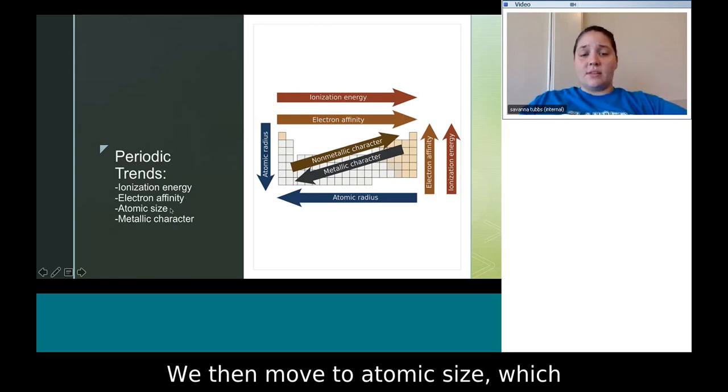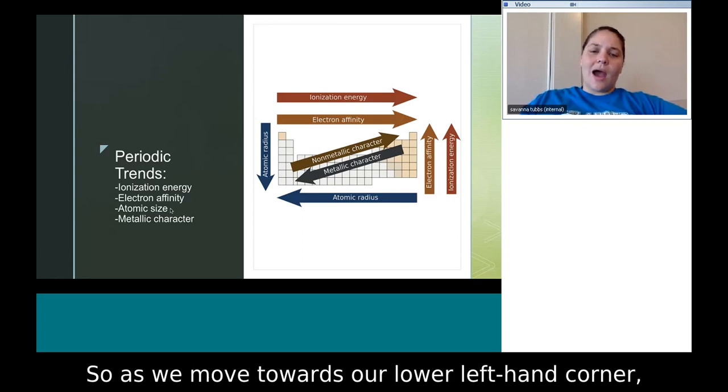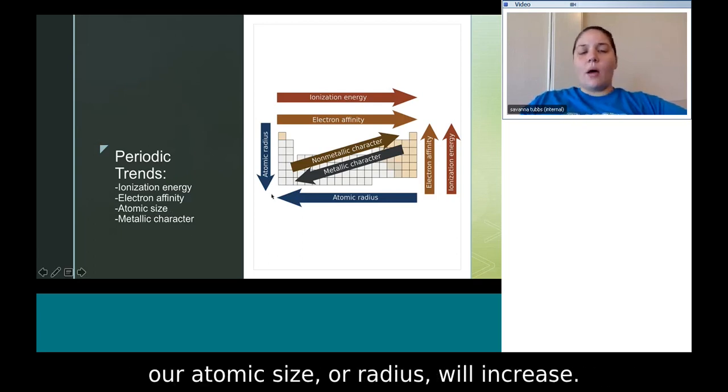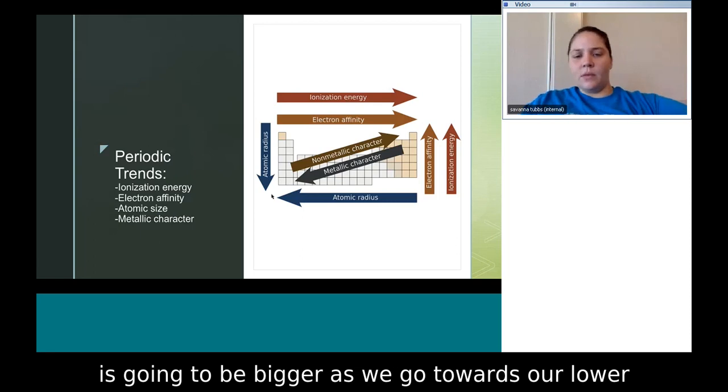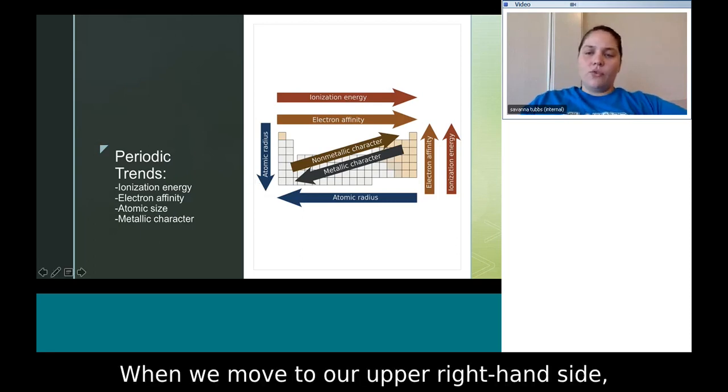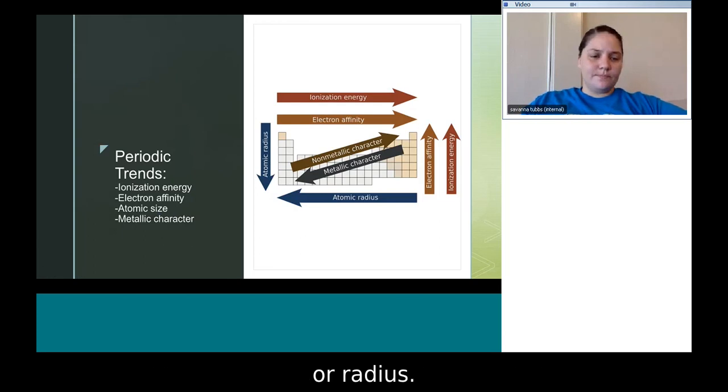We then move to atomic size, which has the exact opposite trend. So as we move towards our lower left-hand corner, our atomic size, or radius, will increase. So that means that the size of the element is going to be bigger as we go towards our lower left-hand side. When we move to our upper right-hand side, that means we have smaller elements, or smaller size or radius.